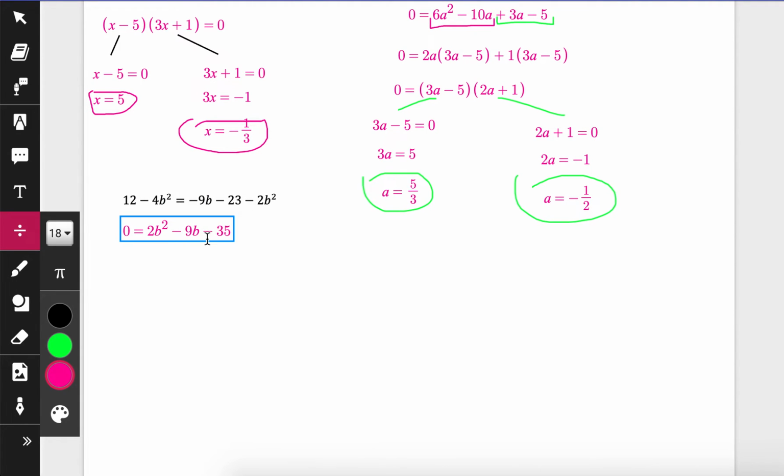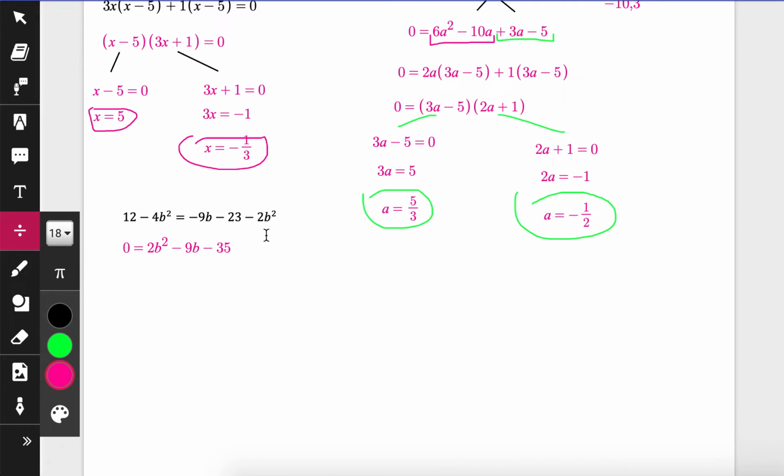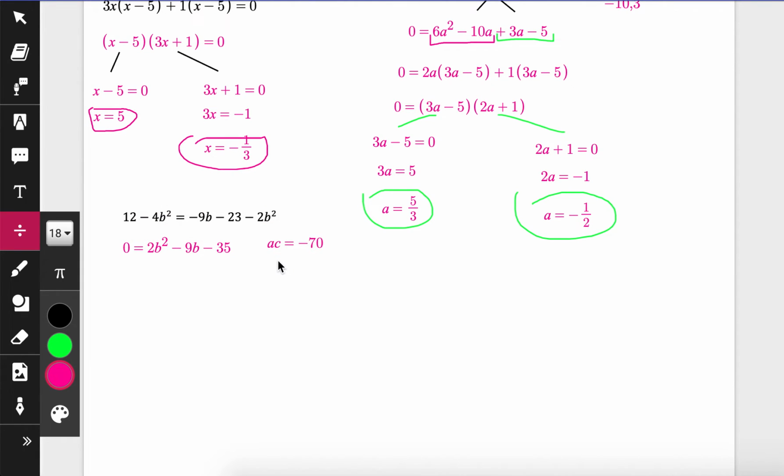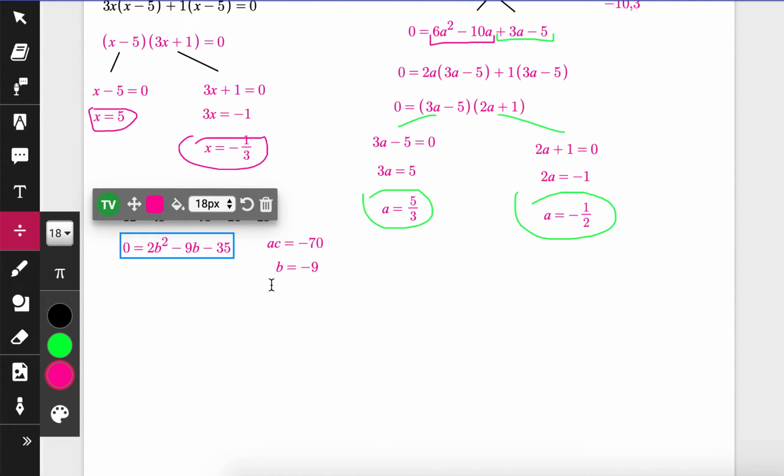I'm going to divide out a GCF if we have one, which we don't. That means I can start looking for two numbers that multiply to 2 times negative 35, which is negative 70, and which also add to b, which is negative 9. So we start thinking through factors of negative 70 until we arrive at negative 14 and positive 5.